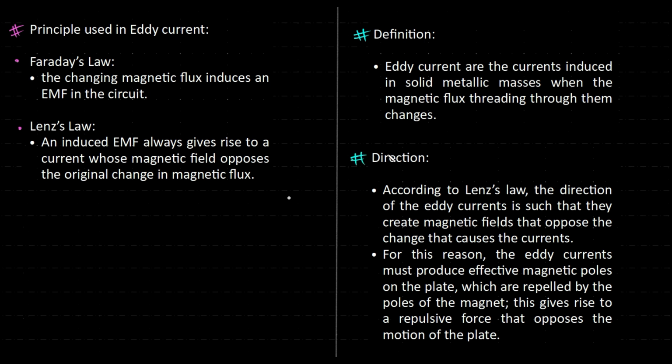Right? So we know this is the same stuff everywhere. Now the directional aspect. According to Lenz's law, what does it tell? It has to oppose whatever is trying to happen to it. It has to oppose the change. If there's no magnetic field, it doesn't want a magnetic field. If there is already a magnetic field, it doesn't want it to increase or decrease.